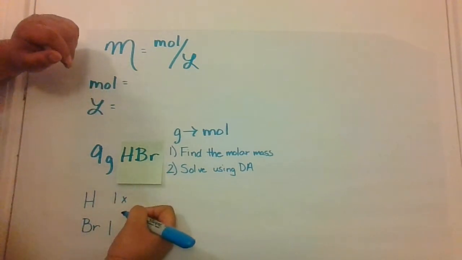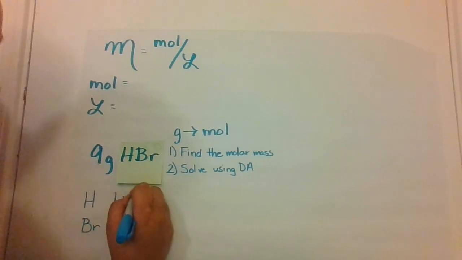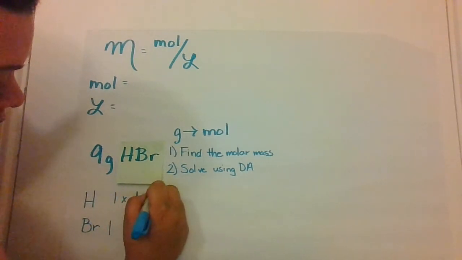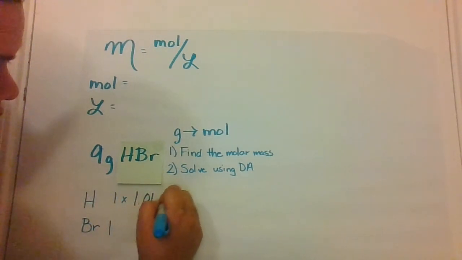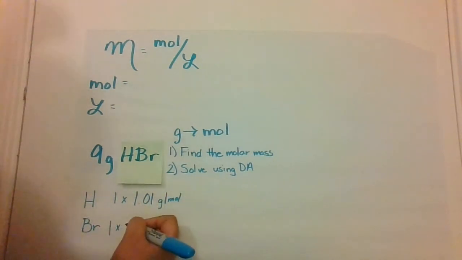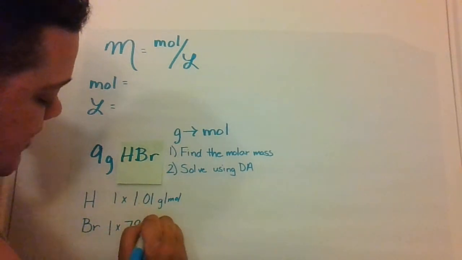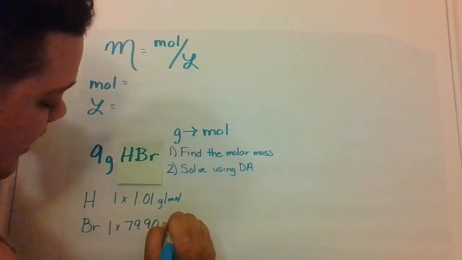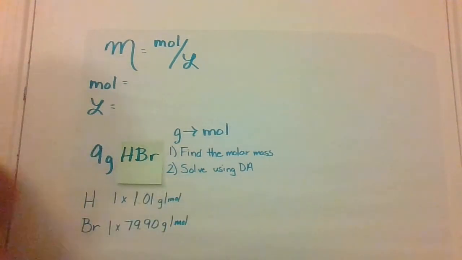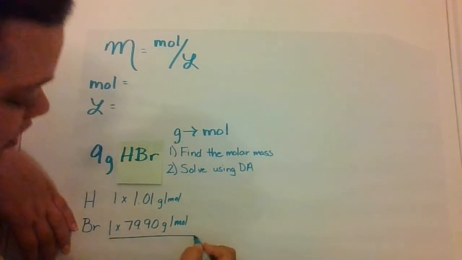The periodic table that I am using at this time states that hydrogen is 1.01 grams per mole. And it also states that my bromine is 79.90 grams per mole. And since we only have one of each, all we need to do is add these figures.